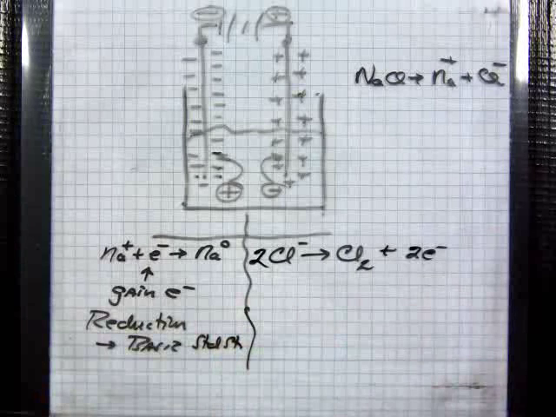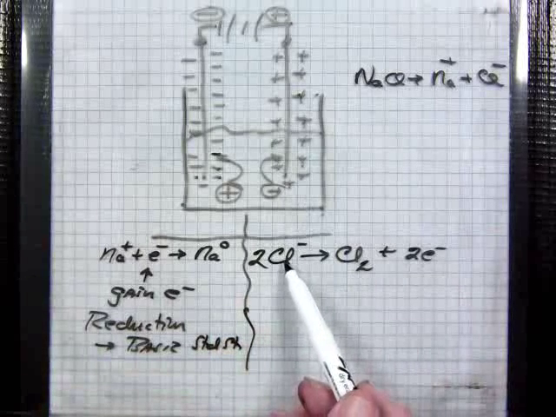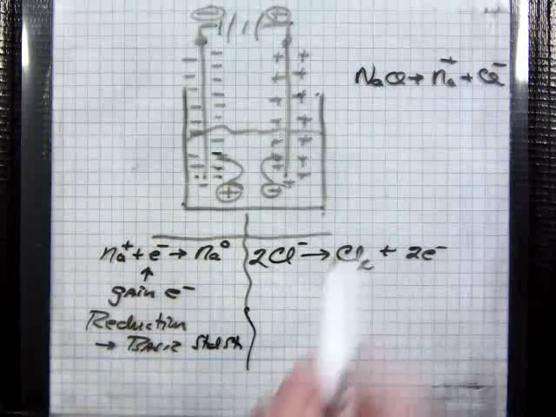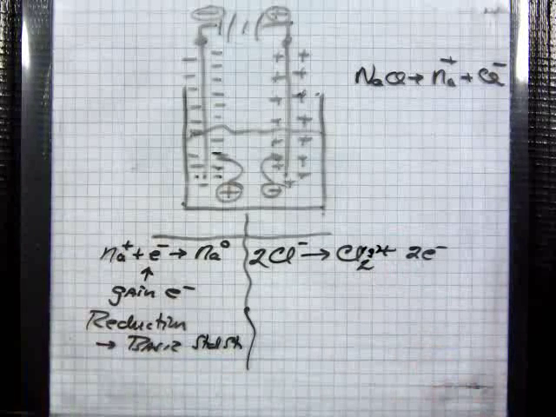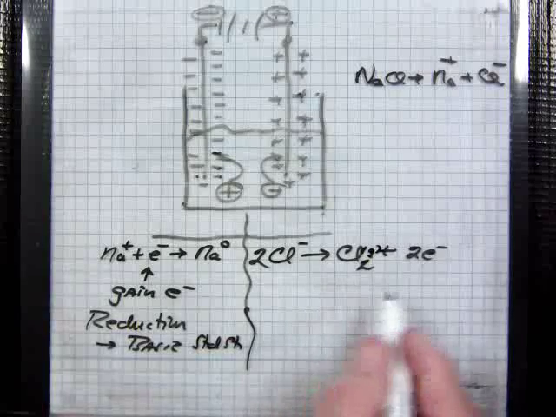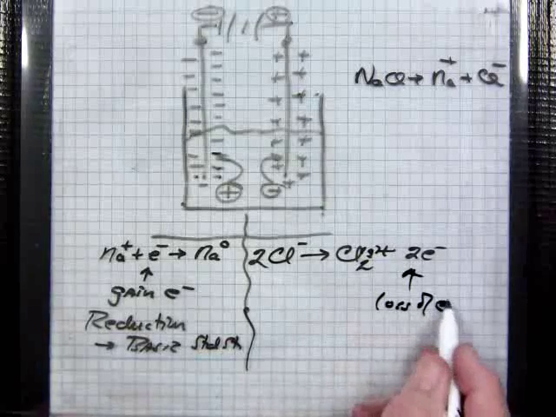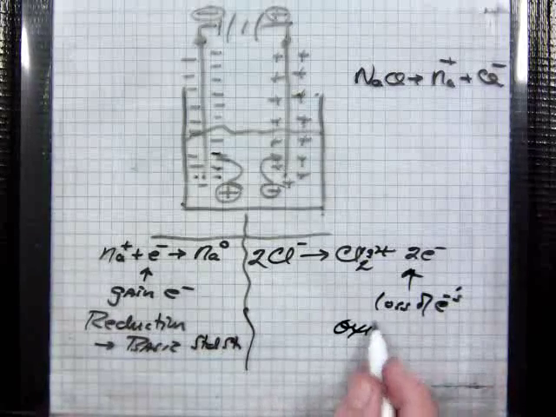The chloride in the ionic form goes to chlorine in basic standard state, which is gas form. So that's the process. Now, the loss of electrons over here is the process of oxidation.